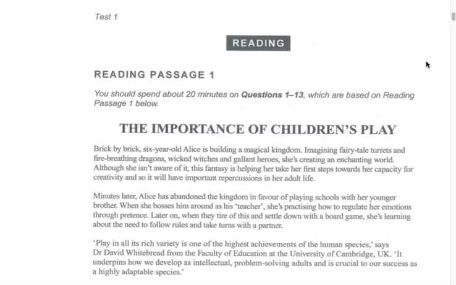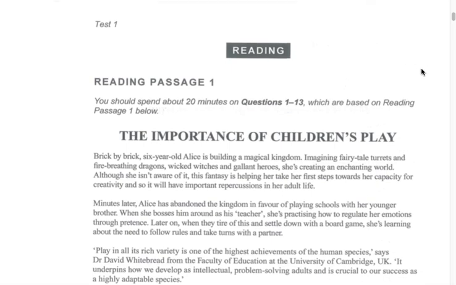Otherwise, the type of questions are almost the same. There is a slight difference which we will discuss later, but the question we're gonna solve today would be fill in the blanks, and it's in both IELTS General and IELTS Academic. So let's start. This is test 1, reading passage 1.